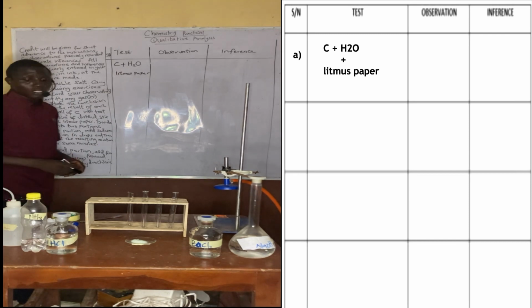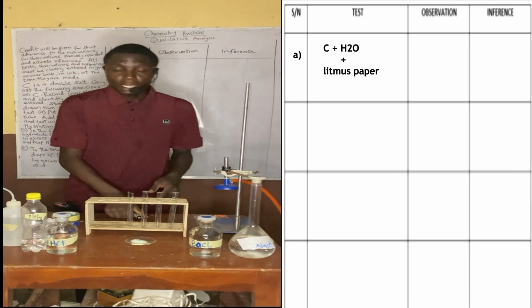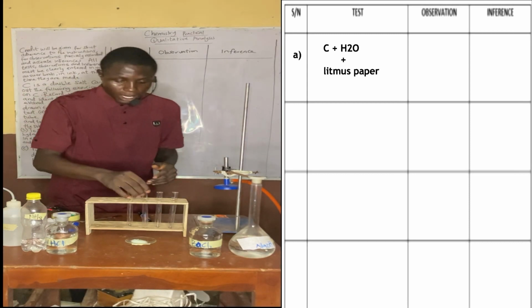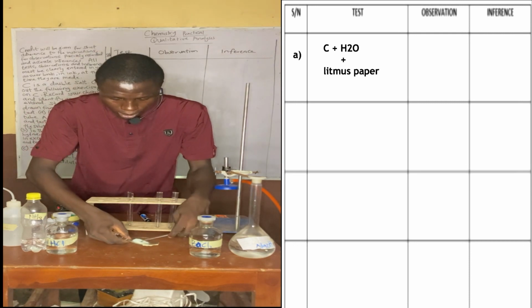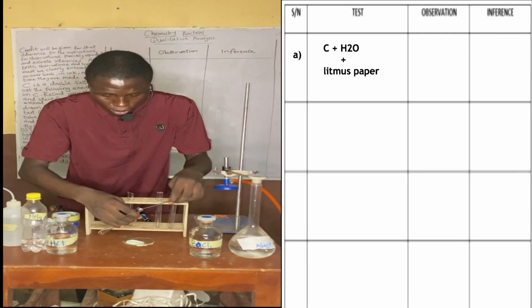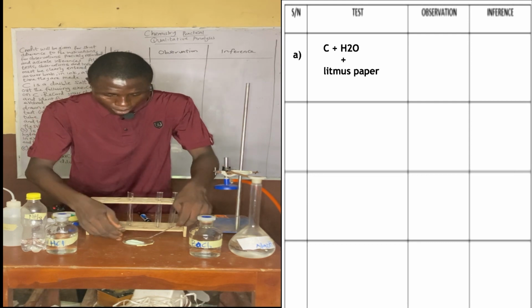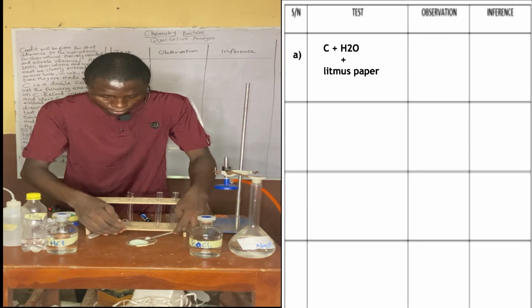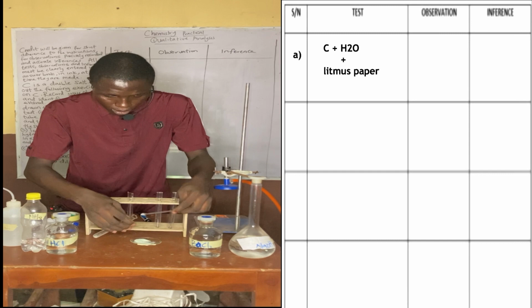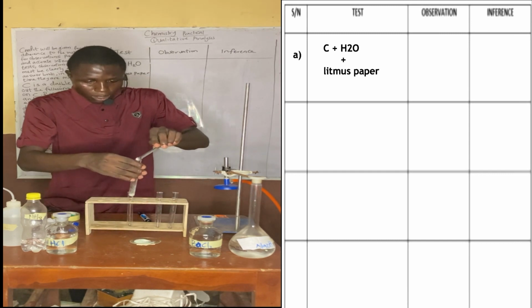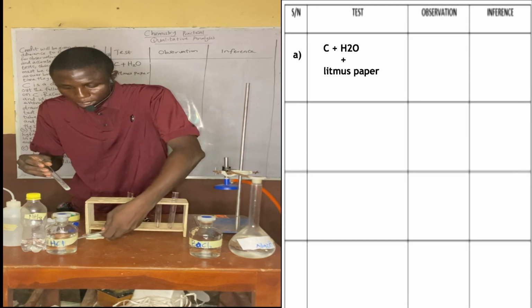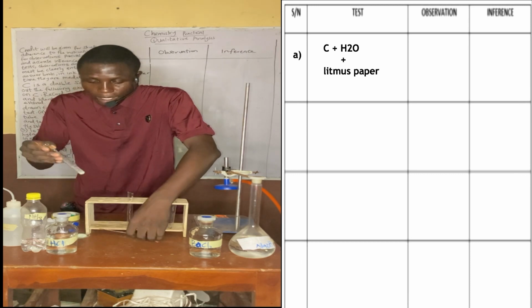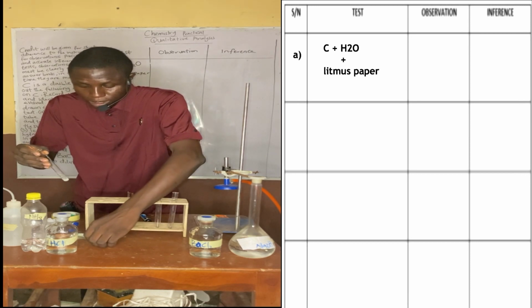Now, let's carry out the first test. We are given C here. We are asked to pour out the C, but I will just use one of the teaspoons, so I will just pick like 2 spoons. This is our C. So now we have to add distilled water to it.